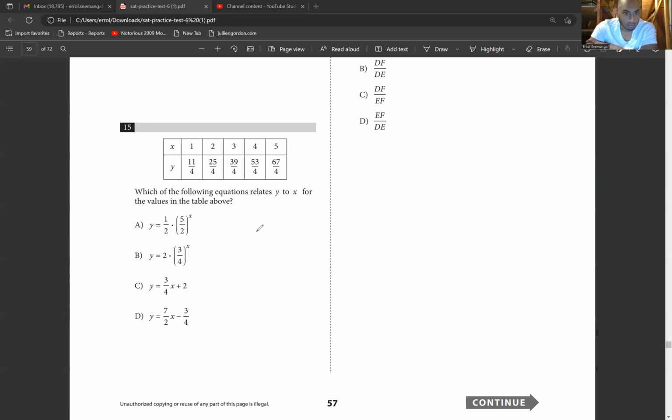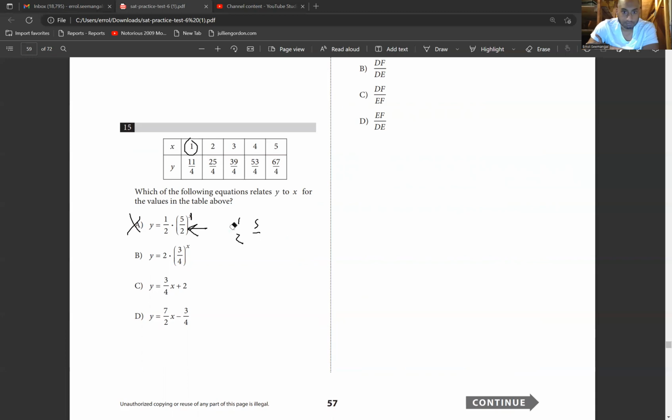What about... Let's check this one first. What about that one? Take your x, which is 1, plug it in right there. That's 1/2 times 5/2 is what? 5/4. So it's not that one. Okay.